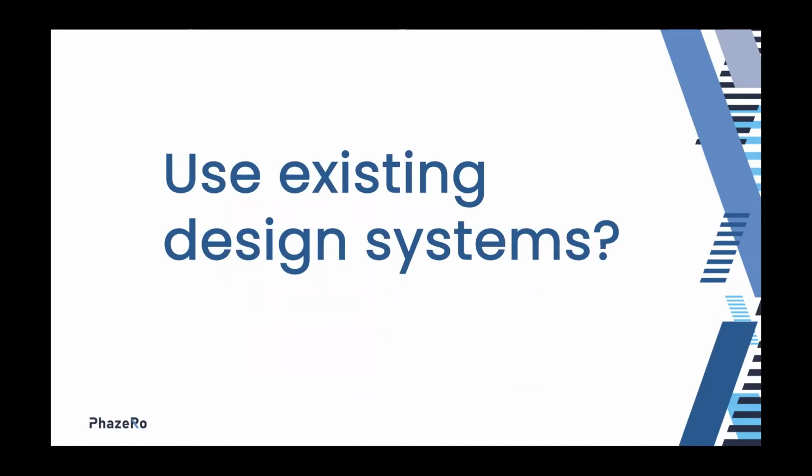Use existing design systems. Yep, this is right. But the thing is, every design system built by a company basically serves their needs, and it has to be considered as an internal design system.